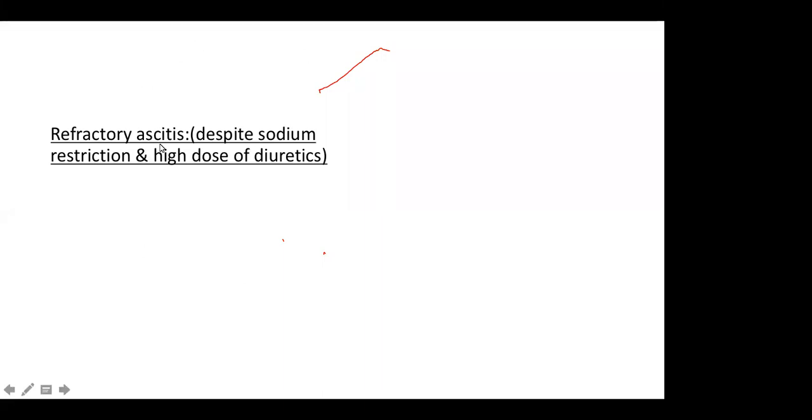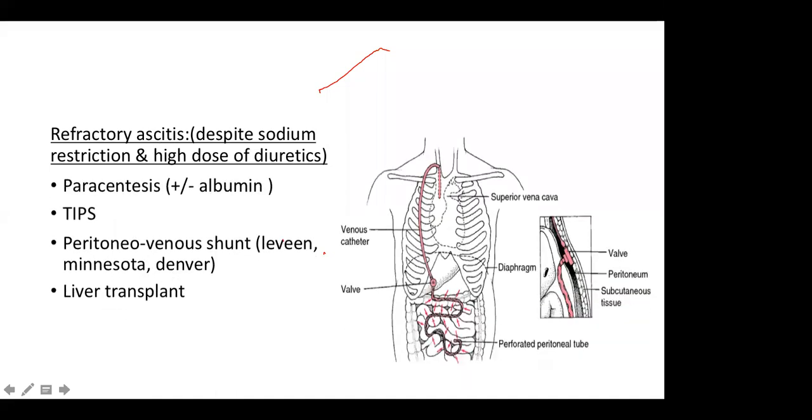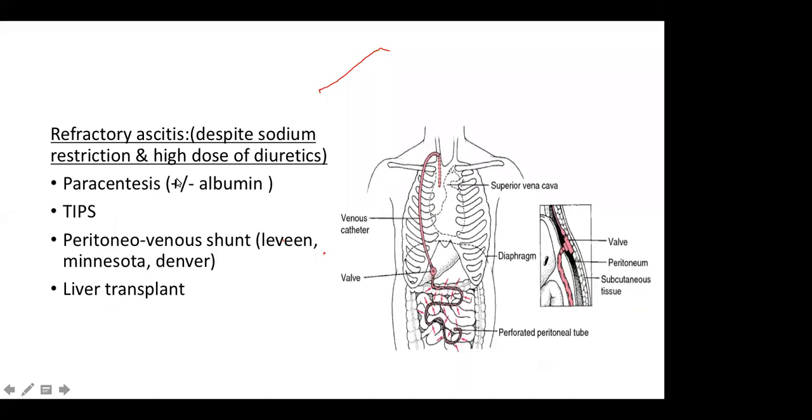In the case of refractory ascites, management can include paracentesis, either directly or ultrasound-guided, with or without albumin to prevent reaccumulation. And if that fails, they can move to TIPS.